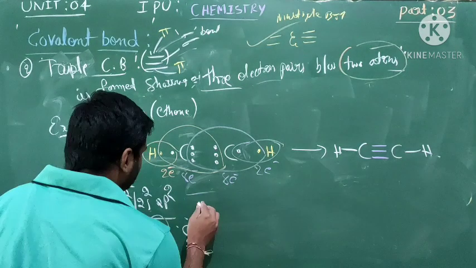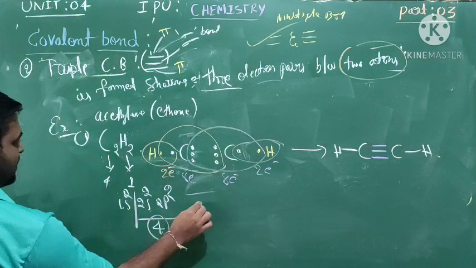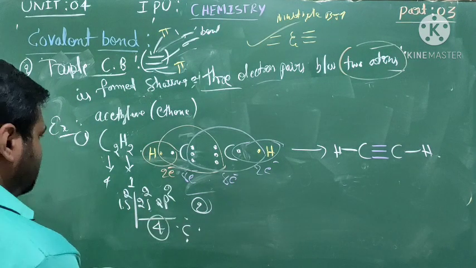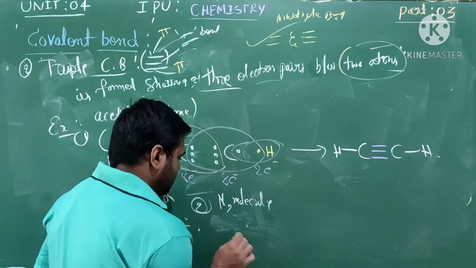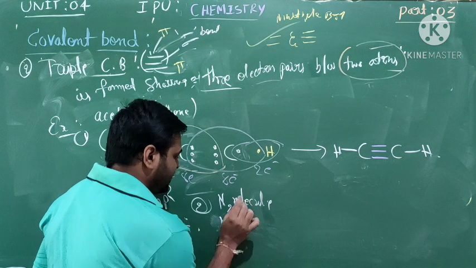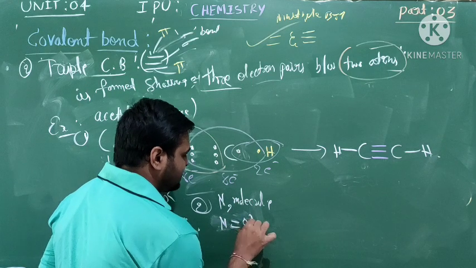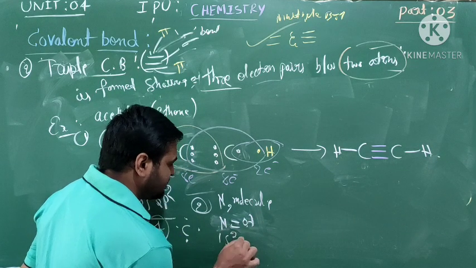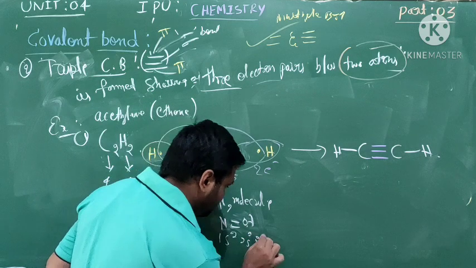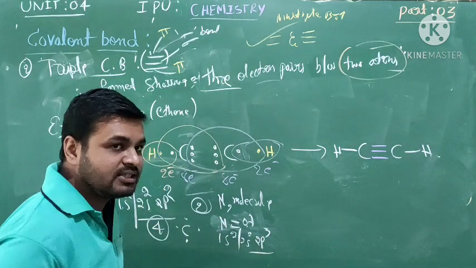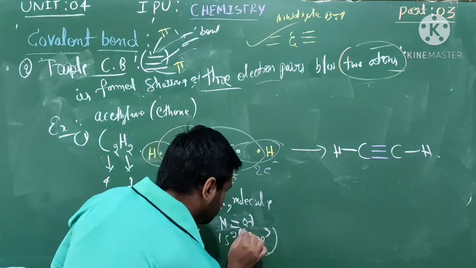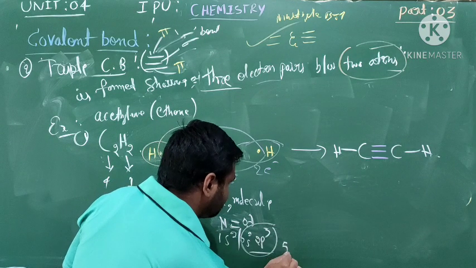Let me go for one more example, the nitrogen molecule. Nitrogen has atomic number 7. How do you write it? 1s2, 2s2, 2p3. How many outer shell electrons? 3 plus 2, which is 5.